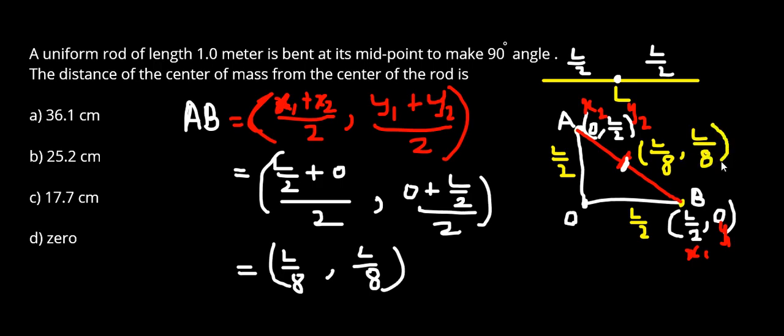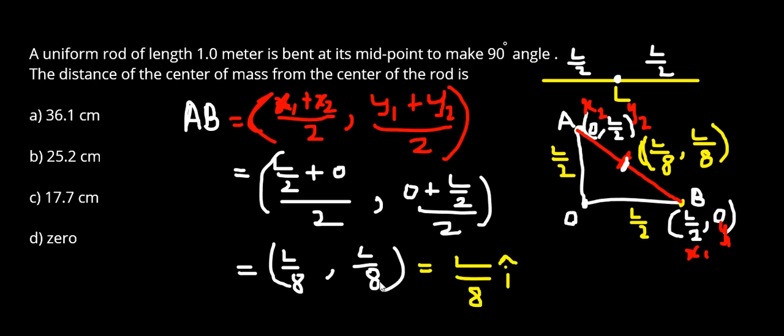But this is in the graphical representation. We found the answer in the graphical representation, but we need the answer in magnitude, not in the coordinate form. For that, this can be written in vector form as L by 4 i cap.